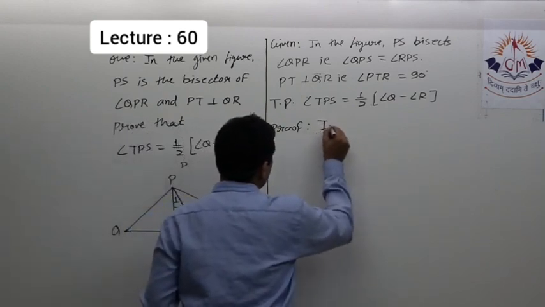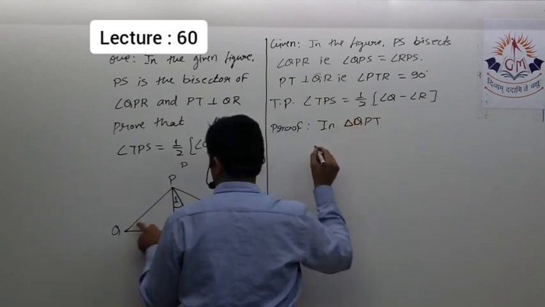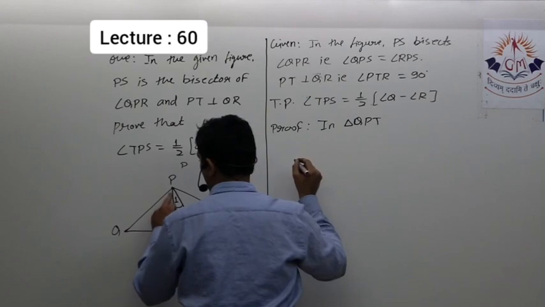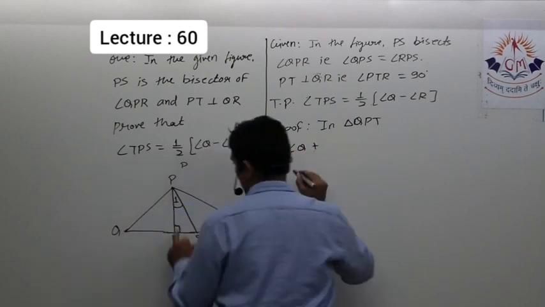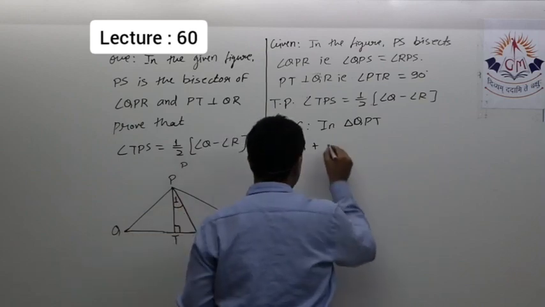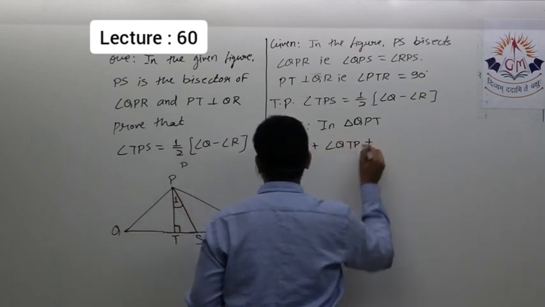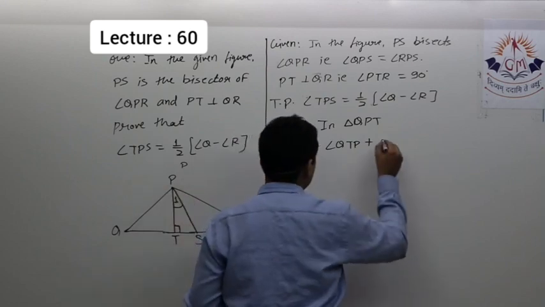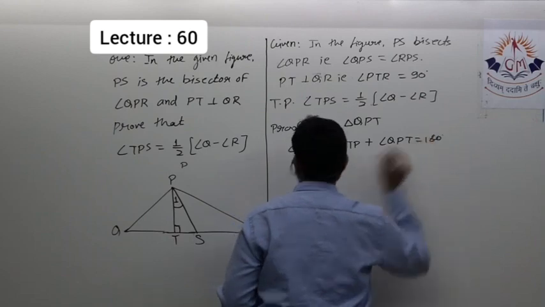So in triangle QPT, I can write angle PQT or angle Q plus angle QTP plus angle QPT is equal to 180 degrees.